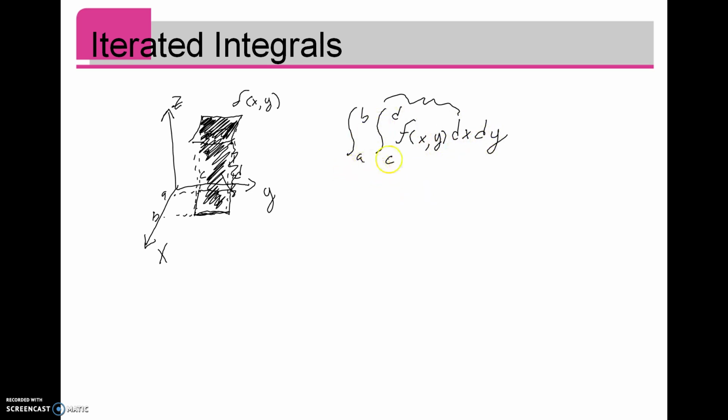In order to evaluate the double integral here, it's similar to what you've been doing in single variable calculus, but you'll be integrating one integral at a time.